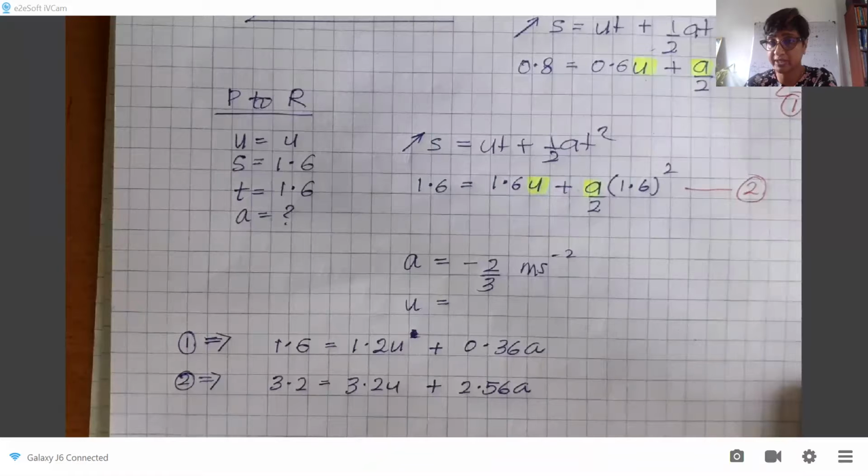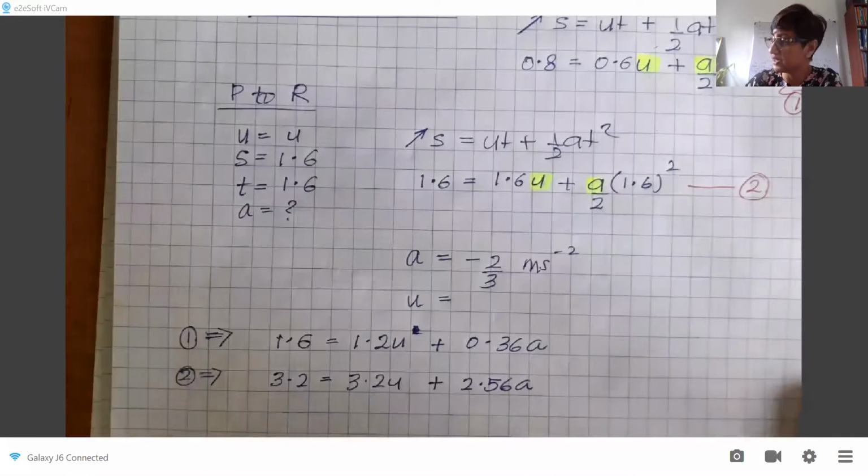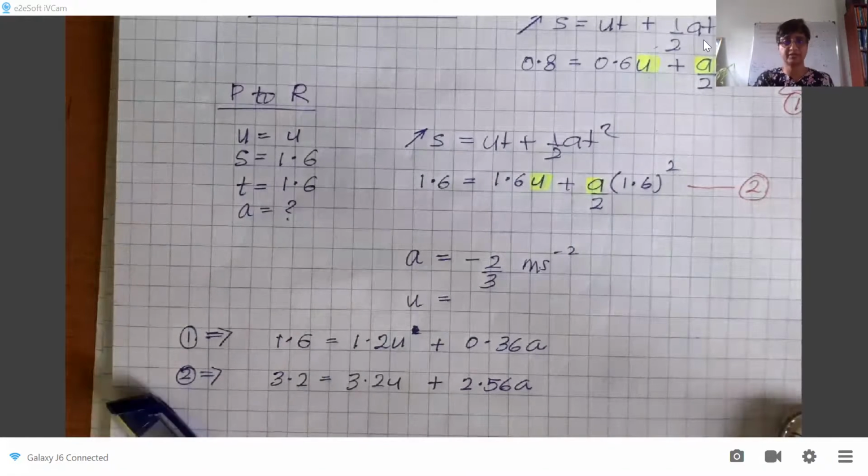You can use a calculator to solve this pair of simultaneous equations. You know that. Did anyone do that? Let me get my calculator.